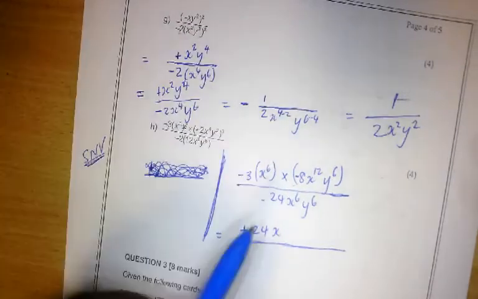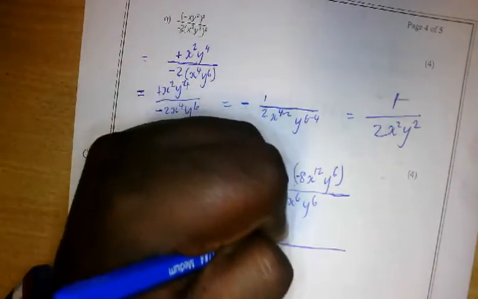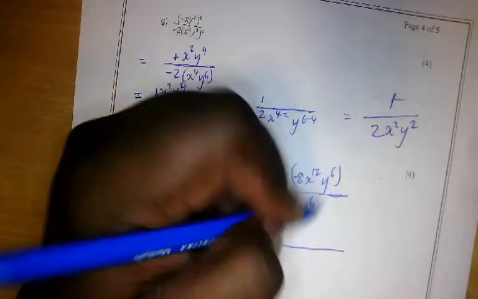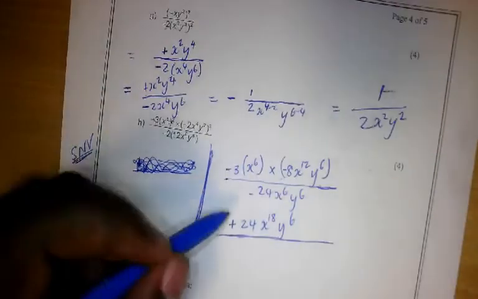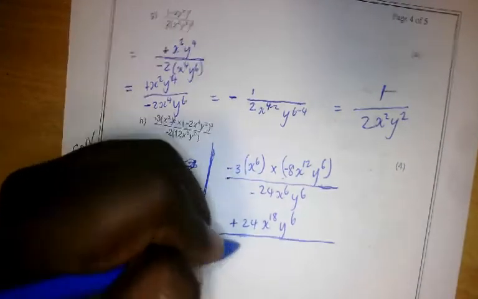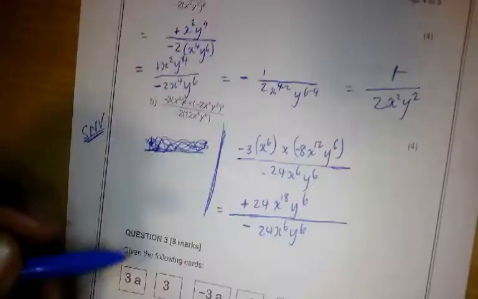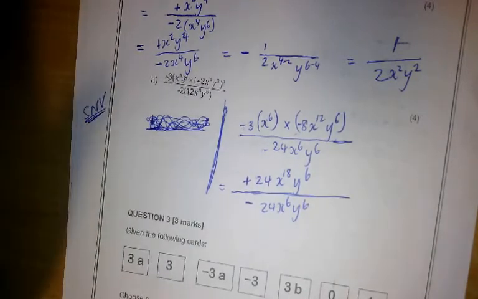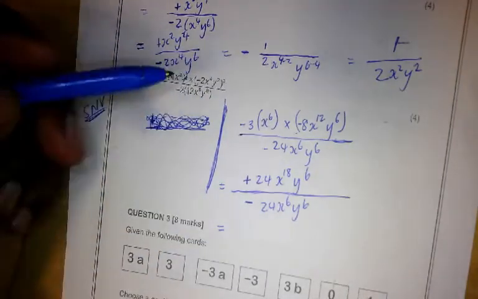Obviously because I'm multiplying, I add the exponents. 6 plus 12, that's going to be 18. And then y, there's no other y there. Then I'm going to have y to the power 6, okay? That's my numerator. My denominator, there's a negative 24, x to the power 6, y to the power 6. Okay, cool. So now I've simplified my term, but I can simplify it further.